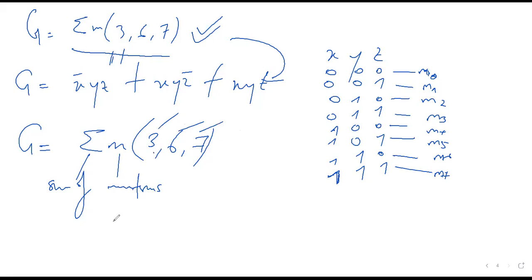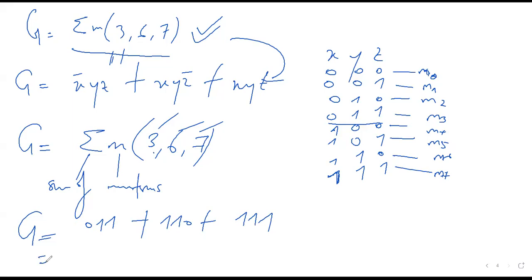What is min term number 3? Min term number 3 is 0, 1, 1. Plus number 6 is 1, 1, 0, plus number 7 is 1, 1, 1. Sum of the min terms.